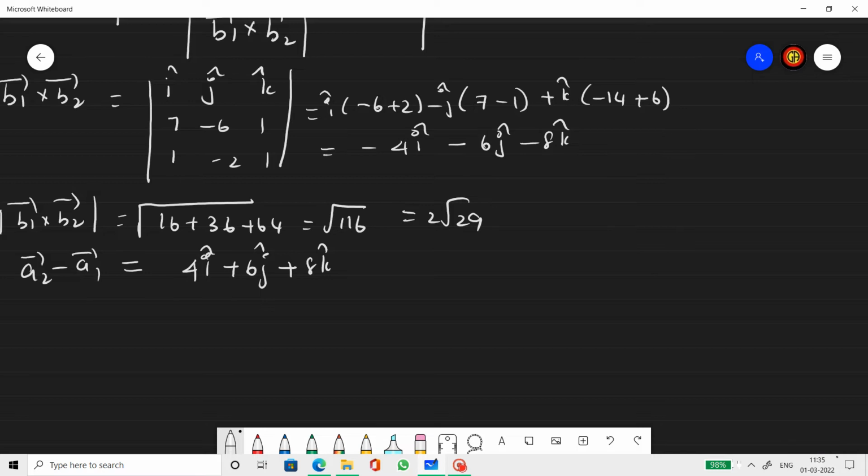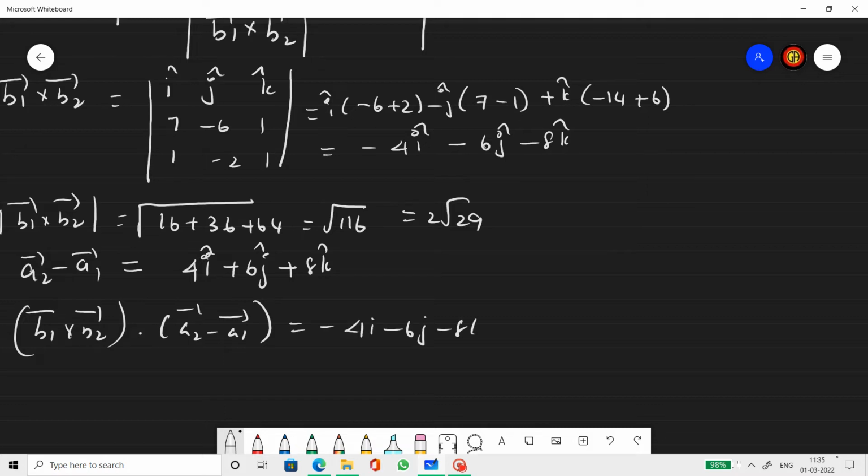Now do the dot product of B1 cross B2 dot A2 minus A1. So that is minus 4i minus 6j minus 8k into 4i plus 6j plus 8k. So we get minus 16 minus 36 minus 64.